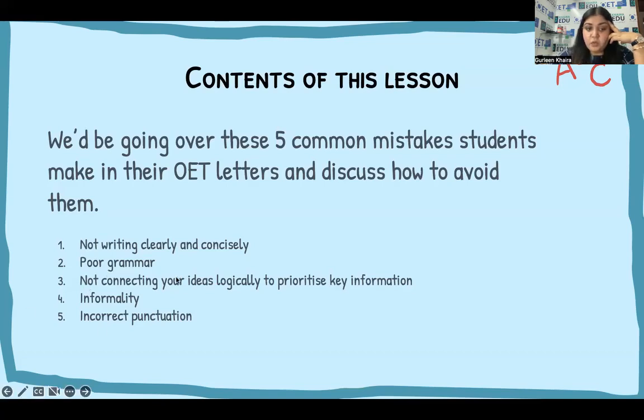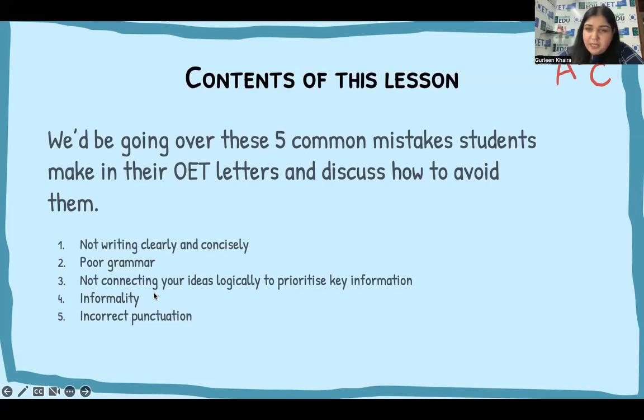The third error is not connecting your ideas logically to prioritize key information. By key information, we mean that piece of information which deserves attention or importance from the reader. So we'll see different types of sentences and how you can use them appropriately to create an impact on your reader.